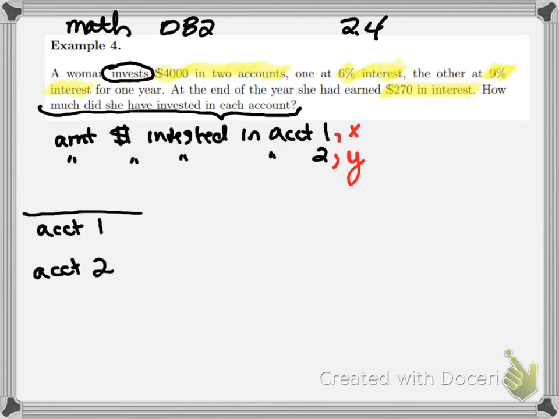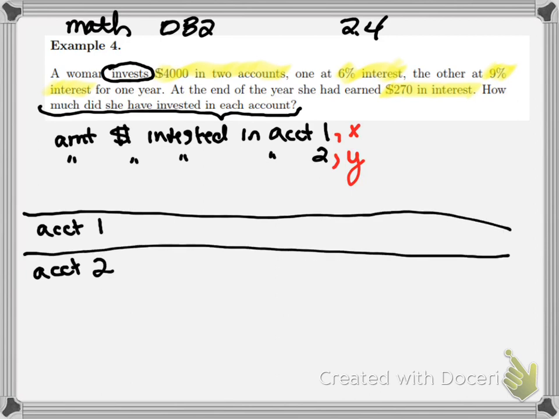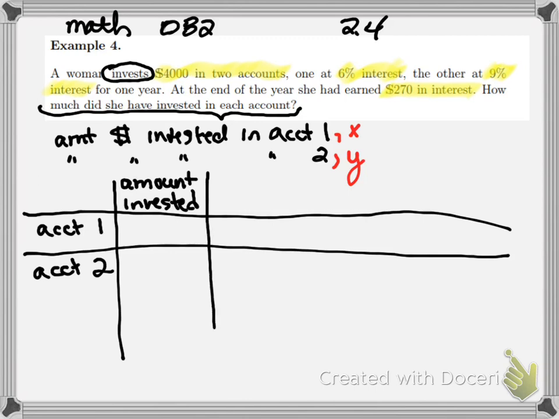We have two different accounts, account 1 and account 2. And then we have the amount invested. That's the amount of money that you deposit into the bank.